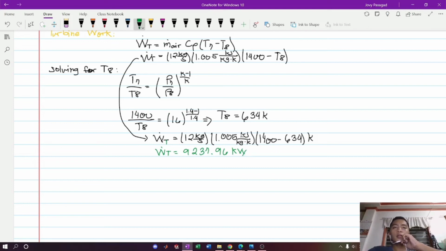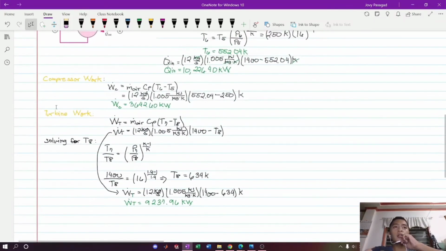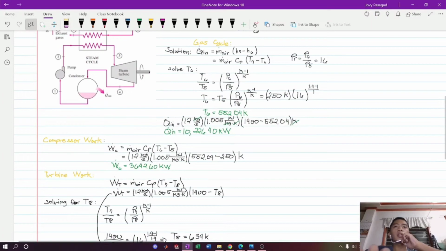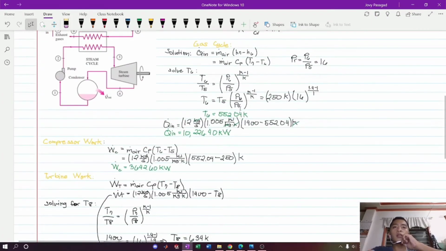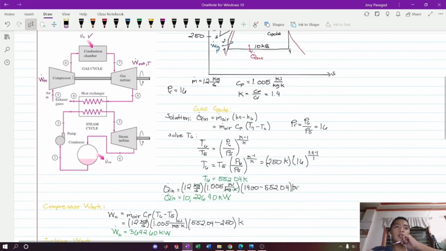Now that we have the work of the turbine and the work of the compressor, we can solve for the net work of the gas cycle.